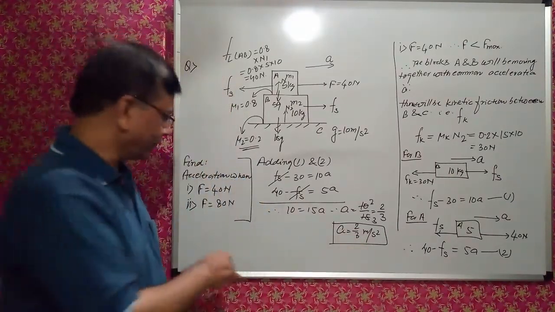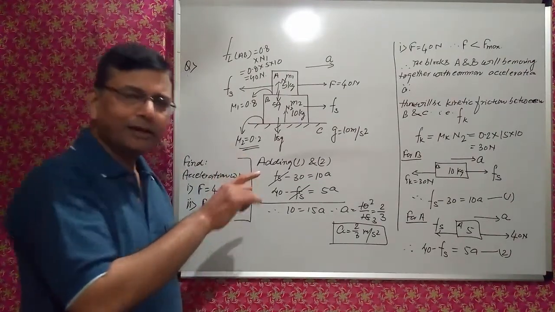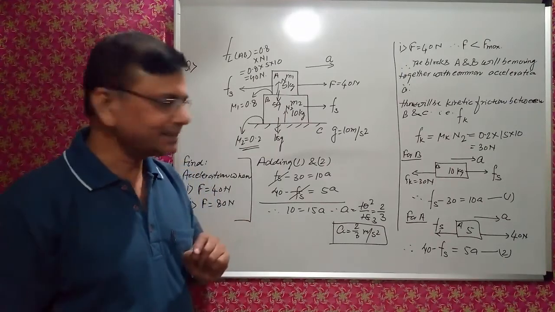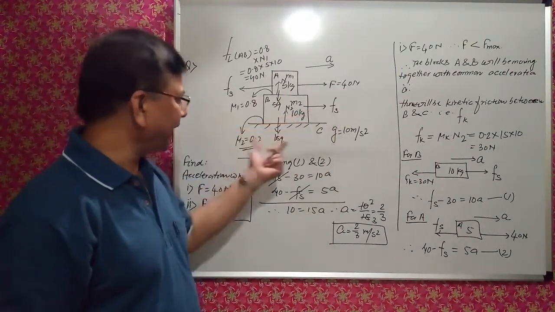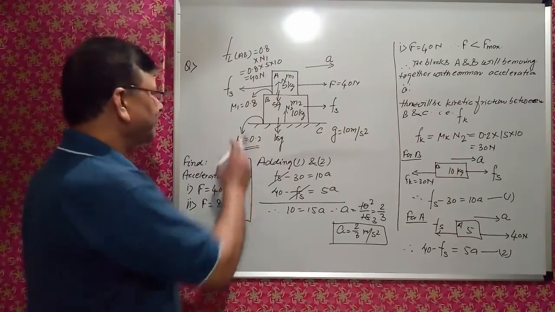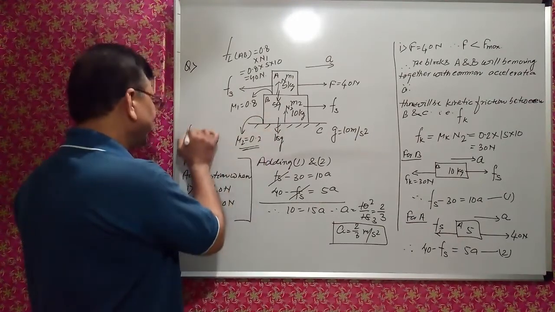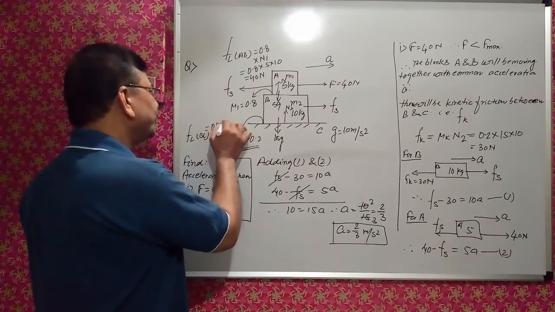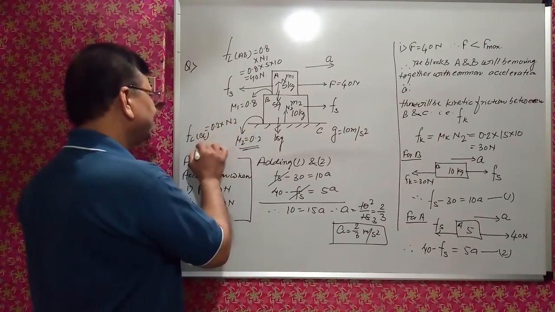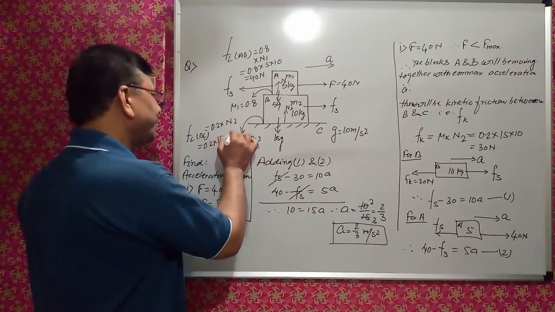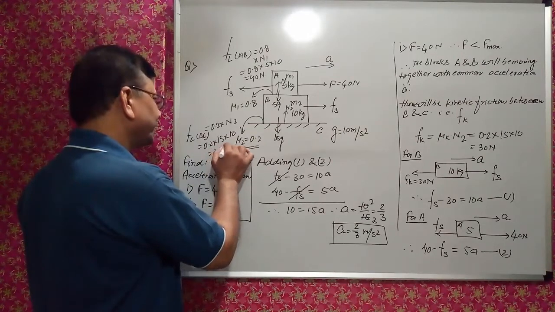With 30 also we could have solved, but at that time body would not have moved. Reason is 30 Newton applied and backward force on the surface is 30 Newton. You see, if I am finding FL BC, it is equal to how much? 0.2 into N2, right? That is 0.2 into 15g, 15 into 10, that is equal to 30 Newton.